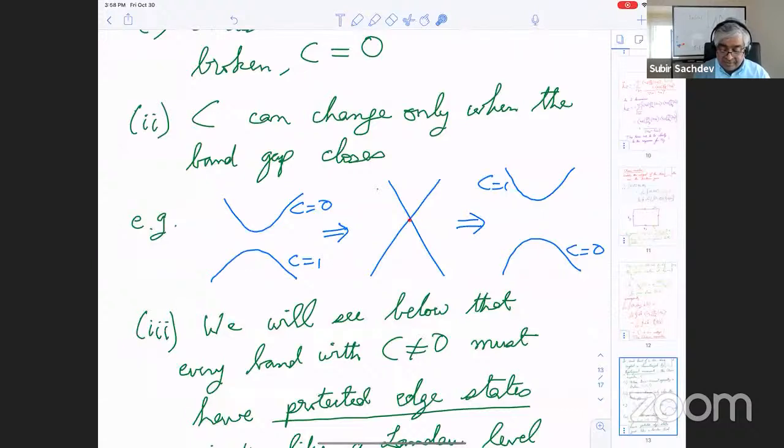If one Dirac point intersects, this Chern number goes down and this one goes up. So the delta C on both sides is plus or minus 1 for one Dirac point. And if you want a bigger change, you've got to have multiple Dirac points intersecting at the same time. Then you can have bigger jumps.